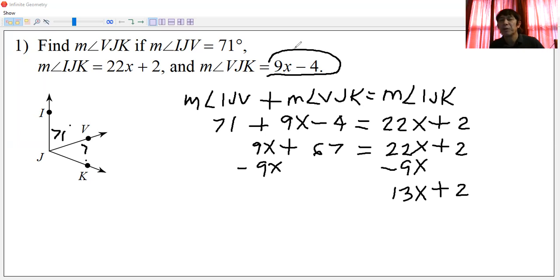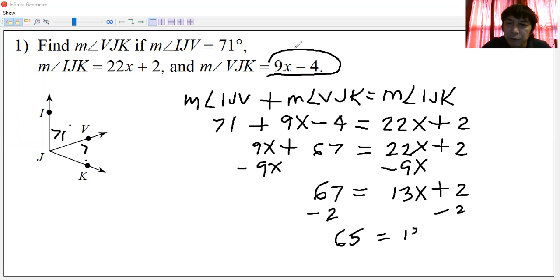That's 22x minus 9x, that should be about 13x. And we still have the plus 2 at the right side. Now this 9x cancels out with the 9x, and we still have the left side 67 there. And then at this point, we're going to combine like terms by way of subtracting the 2 from both sides. And we will now be having 65 equals 13x there. And after division, we shall have the value of x here.